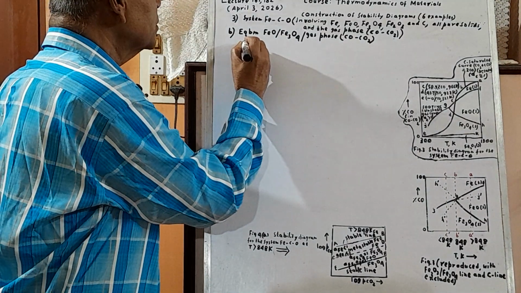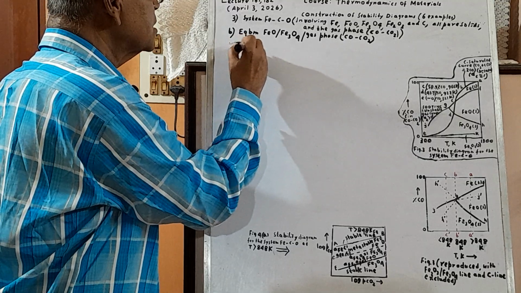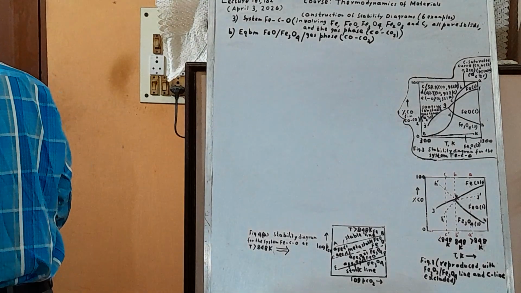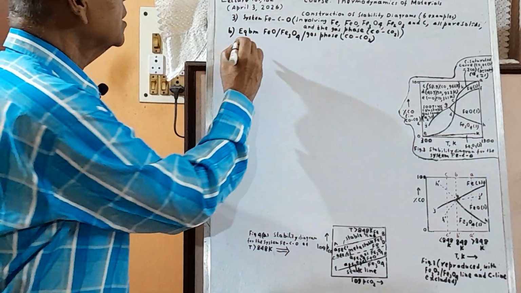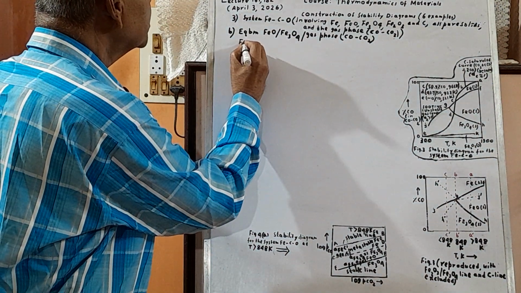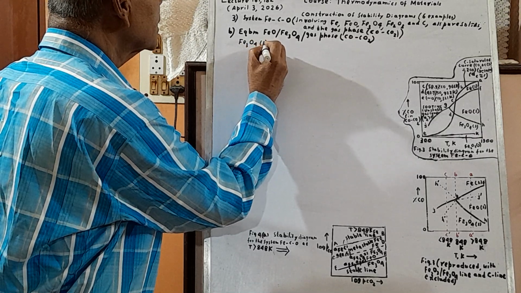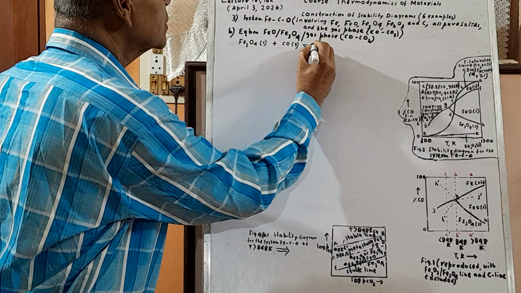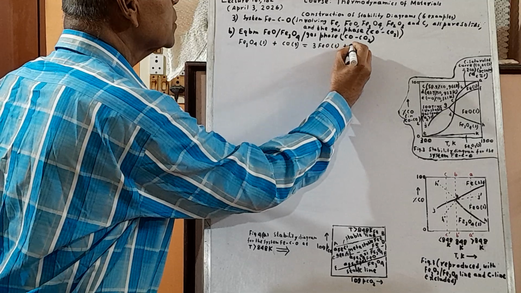So let us write this: Fe3O4 solid plus CO gas goes to 3FeO solid plus CO2 gas.